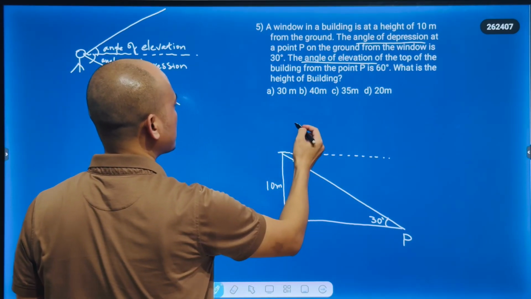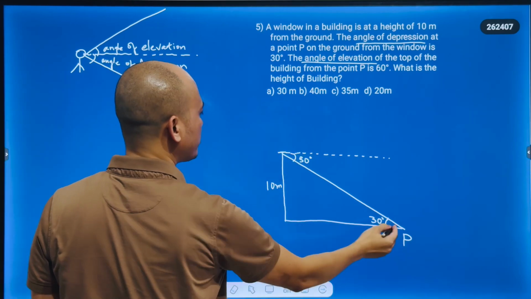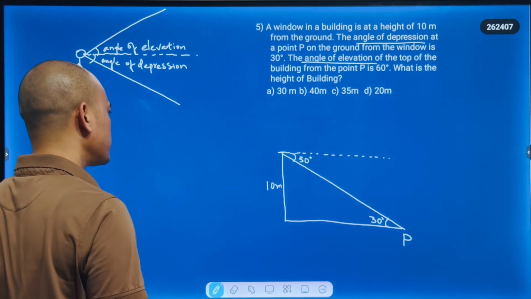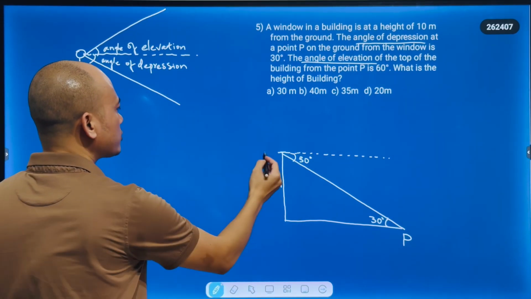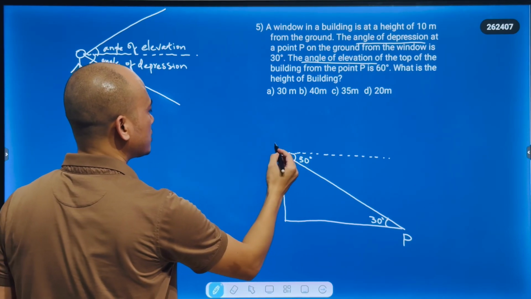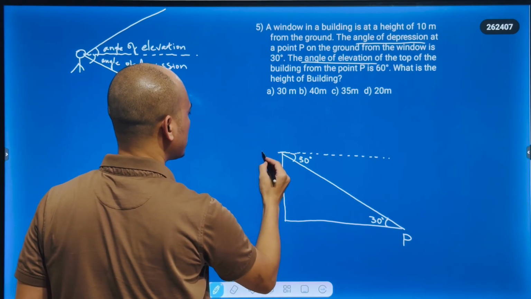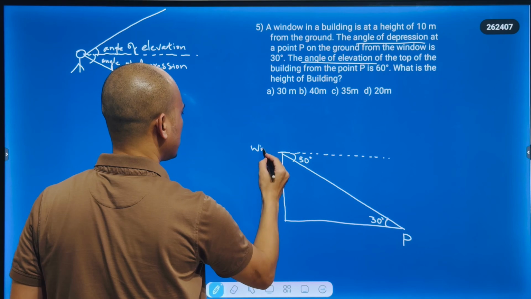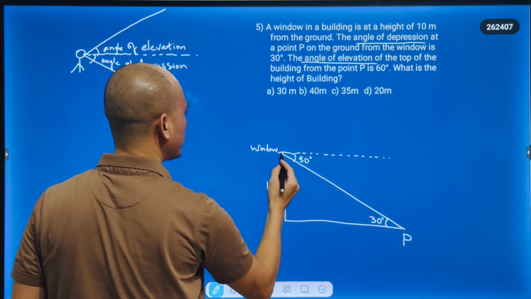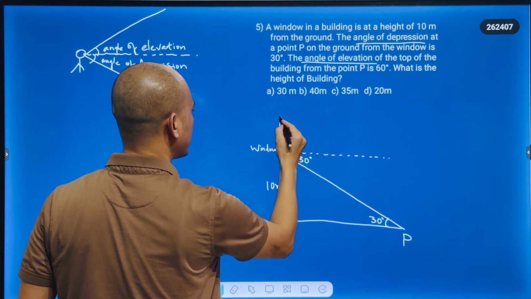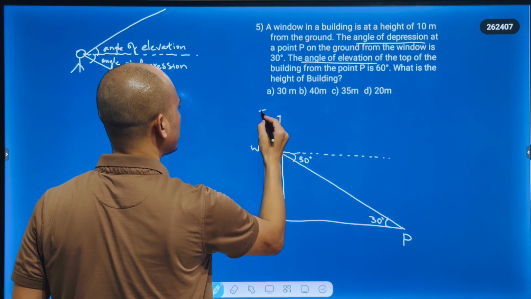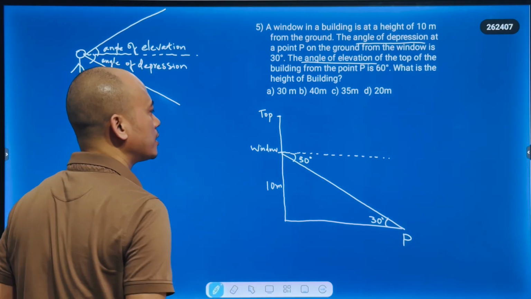Next, it says the angle of elevation of the top of the building from the point P is 60 degrees. Here the window is here, and the top of the building will be somewhere above the window. This is the top of the building.